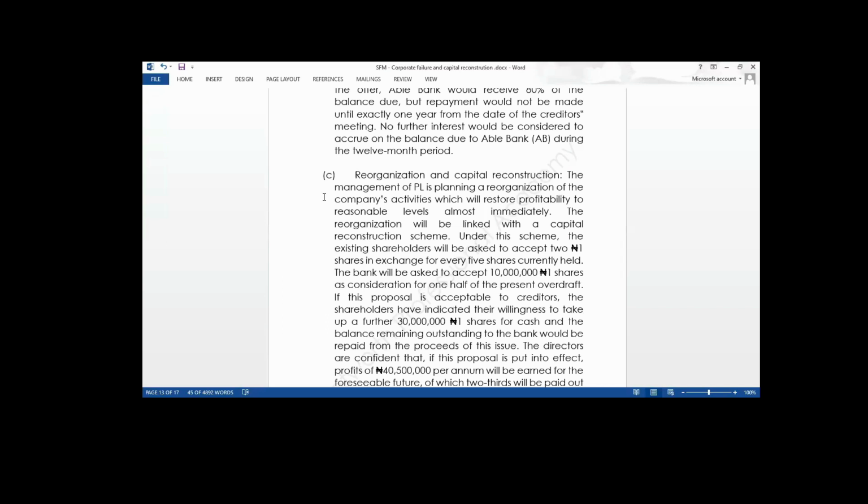Under this scheme, existing shareholders will be asked to accept 2 one-naira shares in exchange for every 5 shares currently held. Please interpret that to yourself. Imagine you are a shareholder.